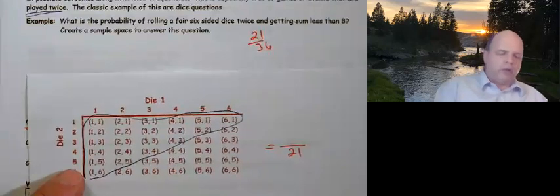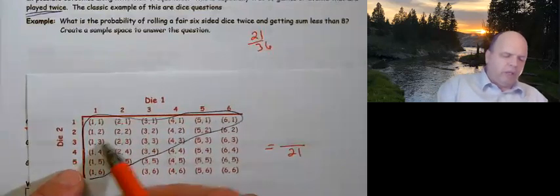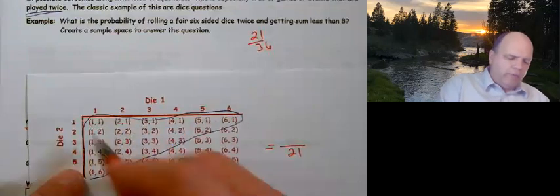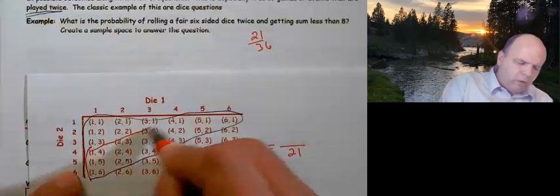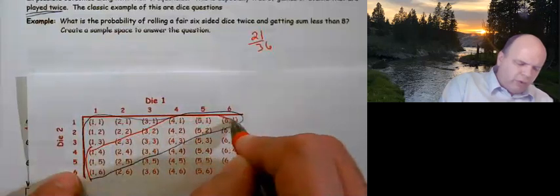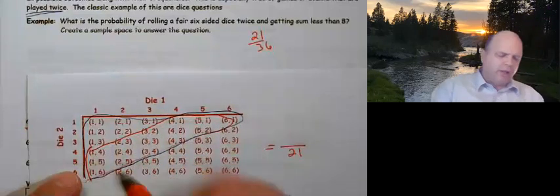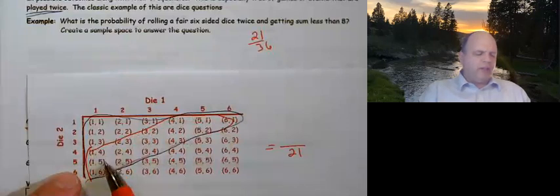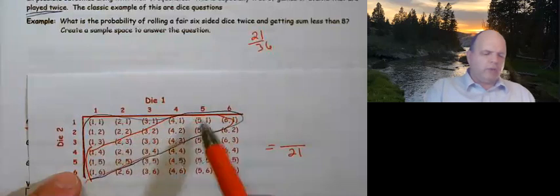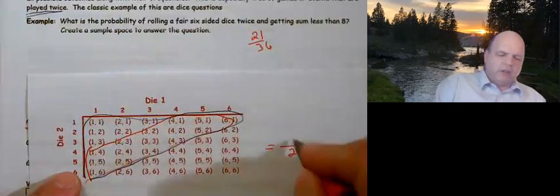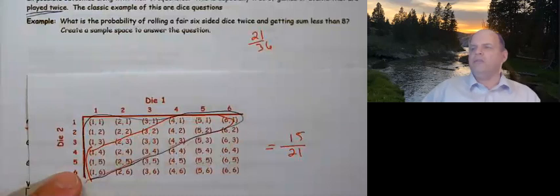So in other words, we can't be these smaller ones. We have to be that group. Because this adds up to 5, this adds up to 6, this adds up to 7. All of these are greater than 4. So 1, 2, 3, up to 15. 15 out of 21.